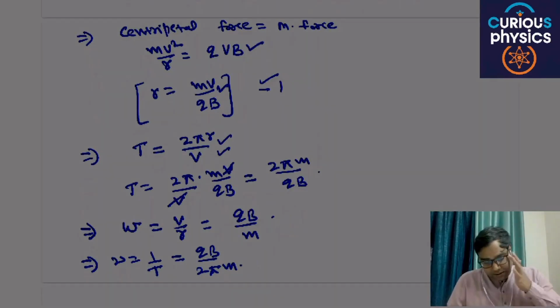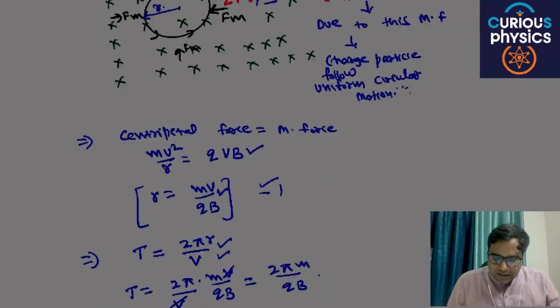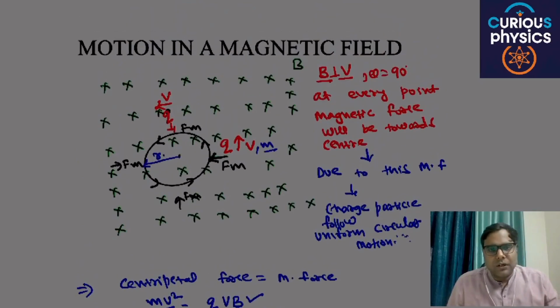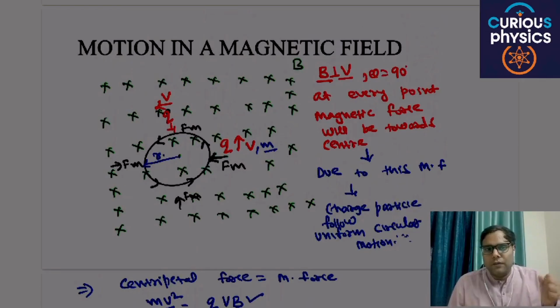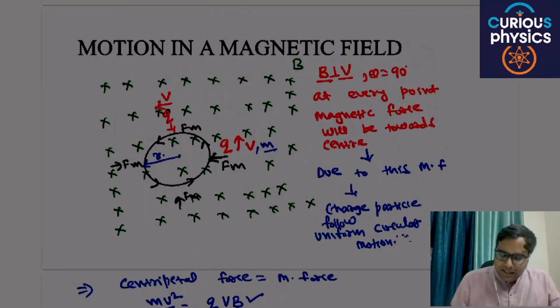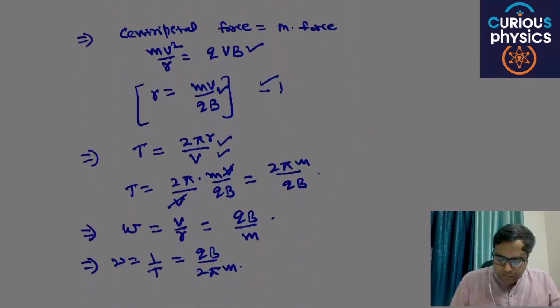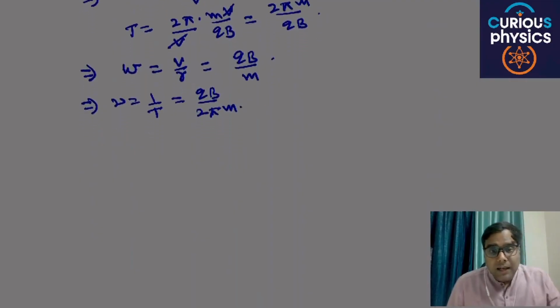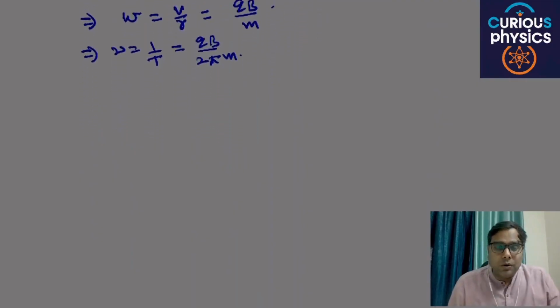Next, we started this derivation by assuming the magnetic field and velocity are perpendicular. Let's say a case when the magnetic field and velocity are not perpendicular to each other.